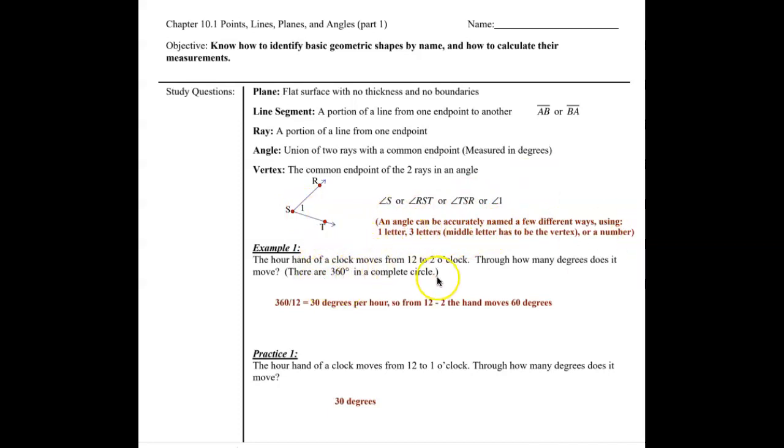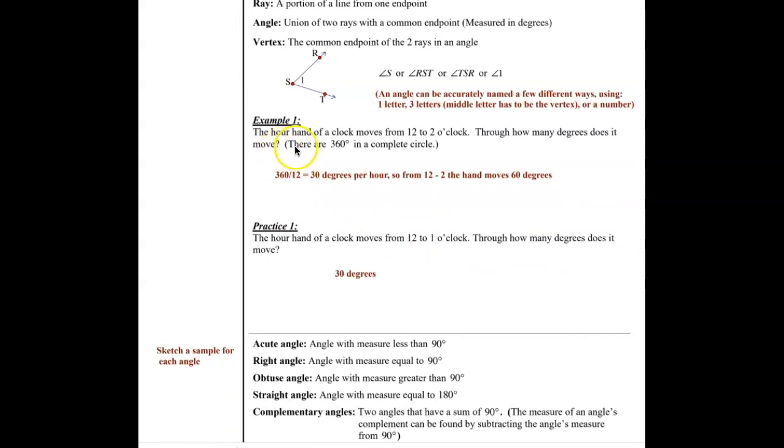And then we have example 1 right here. So let's go ahead and have a look at it. It says the hour hand of a clock moves from 12 to 2 o'clock. Through how many degrees does it move? There are 360 degrees in a complete circle, aka a clock is a complete circle. There are 12 hours on a clock.